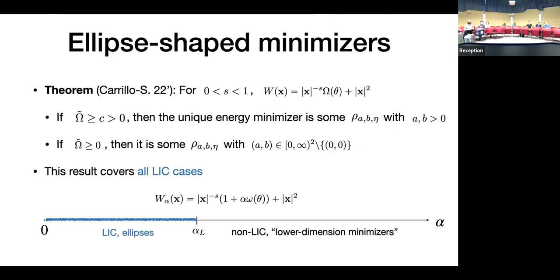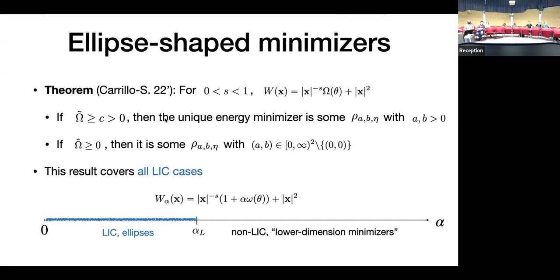Okay, so here is our theorem about the ellipse-shaped minimizers. Suppose we have s between 0 and 1 and consider this anisotropic interaction energy, then suppose we have some more strict version of our LRC, saying that the Fourier transform is strictly bounded from below in the angle variable, that is omega tilde.